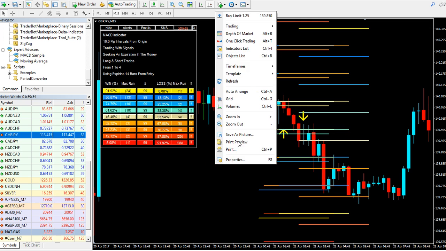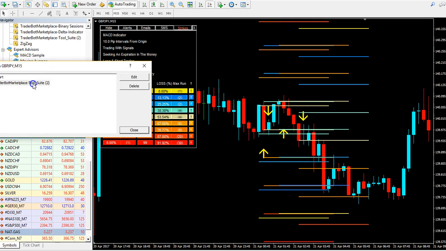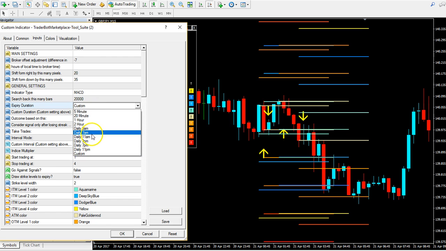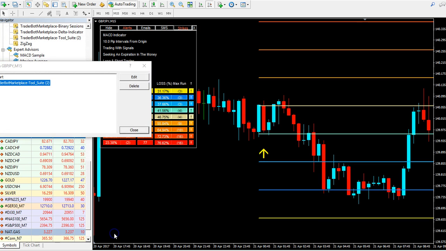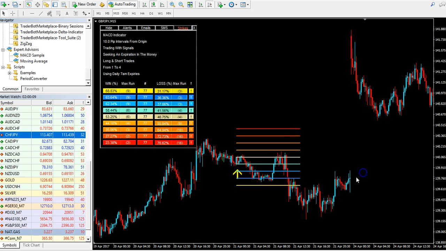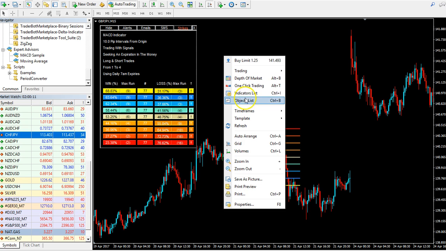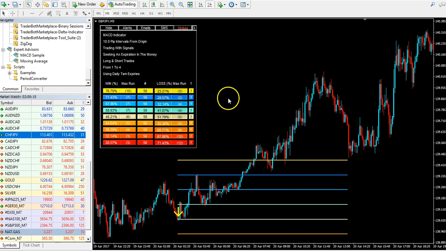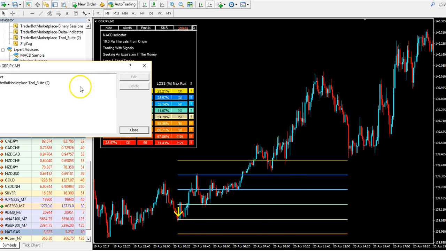So if you're going to look at that and you want a 2-hour expiry, a 1-hour expiry, a 7 a.m. expiry, you can do that. There's a 7 a.m. expiry right there. If you go on down even further to a 5-minute time frame, a lot of people like to trade 5-minute trades.